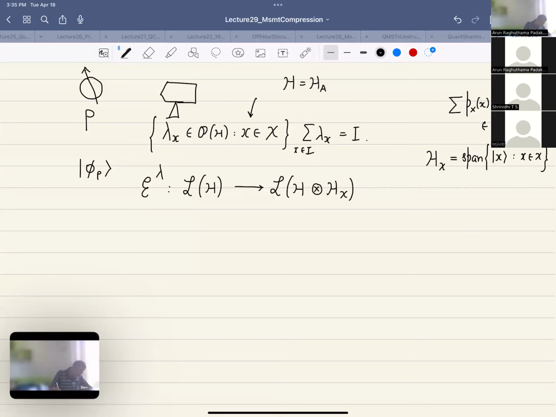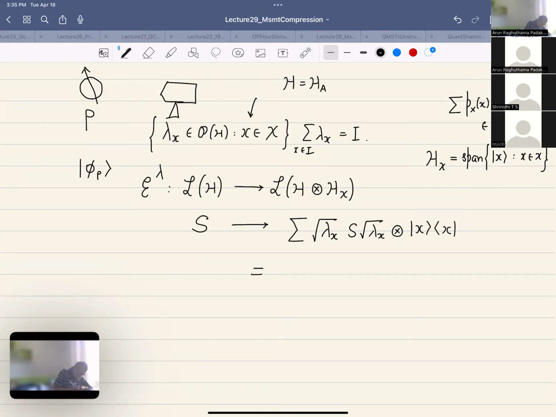So E lambda takes you from the particle space to particle plus classical register. What does it do? If I have an operator S, it takes it to root lambda x S root lambda x tensored with xx.